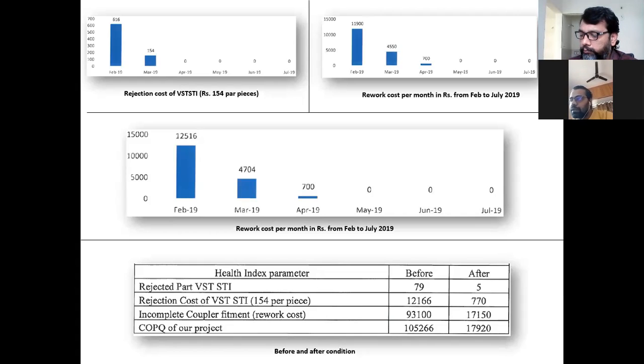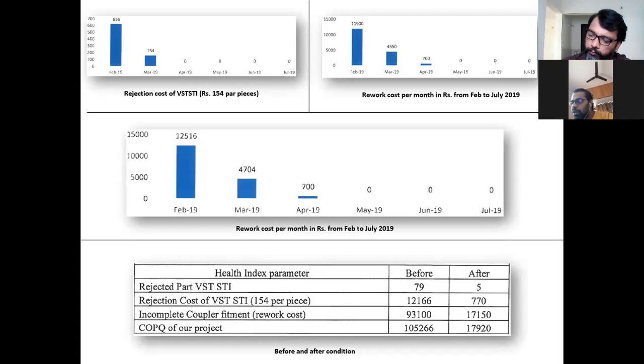And the rework cost from February to July, if you observe, was around 12,000, and in the July month it was 0. The overall action was on the rejection part.